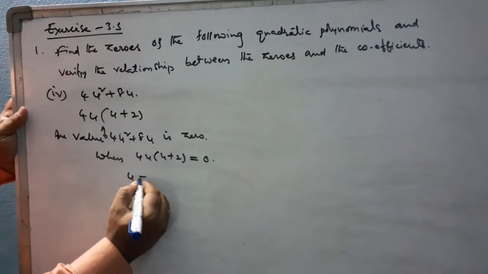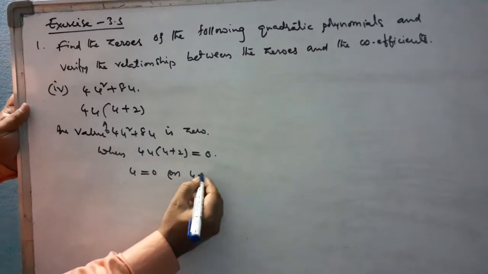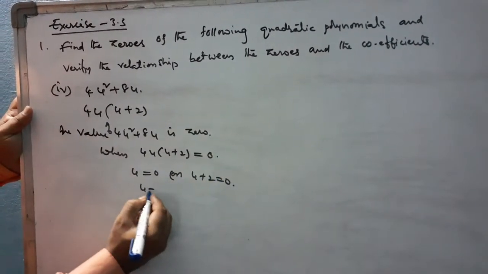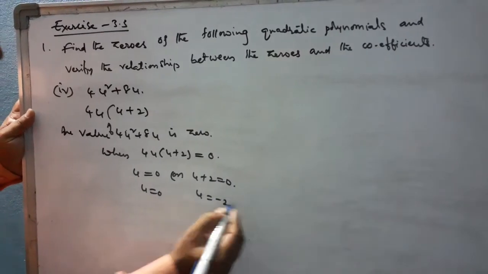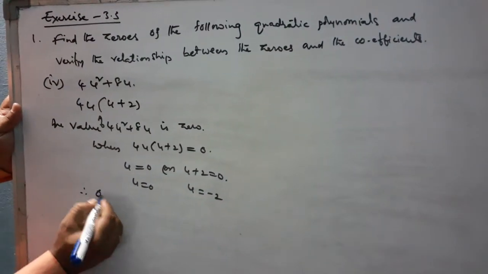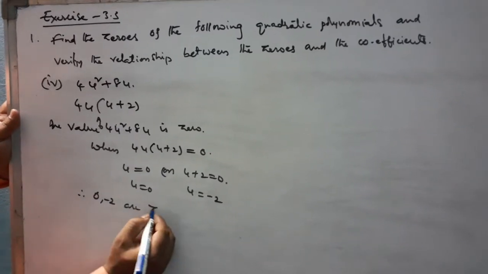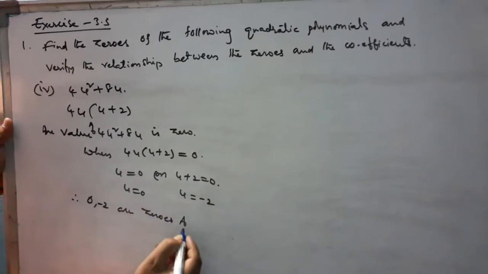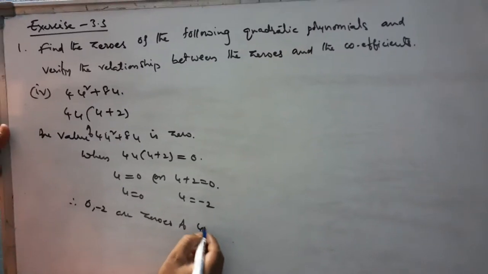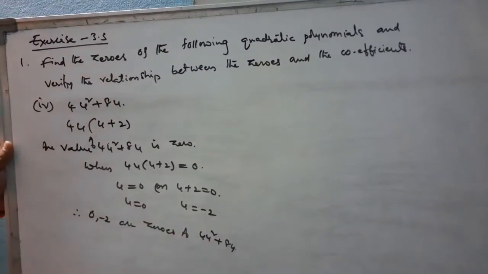That means u equals 0 or u plus 2 equals 0, so u equals 0 or u equals minus 2. Therefore 0 and minus 2 are zeros of 4u square plus 8u.